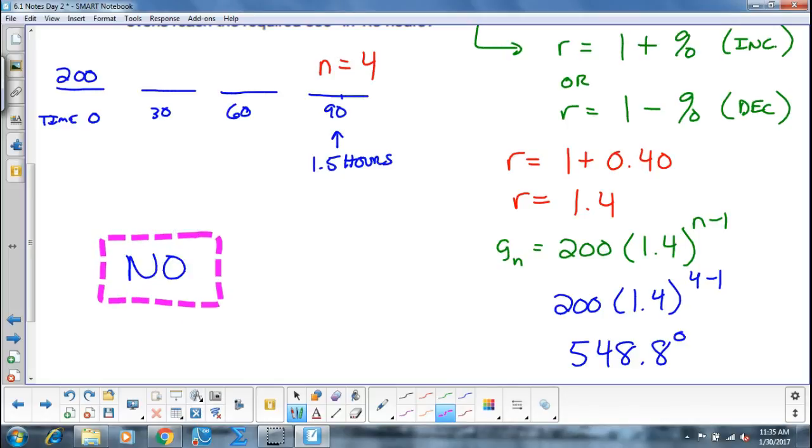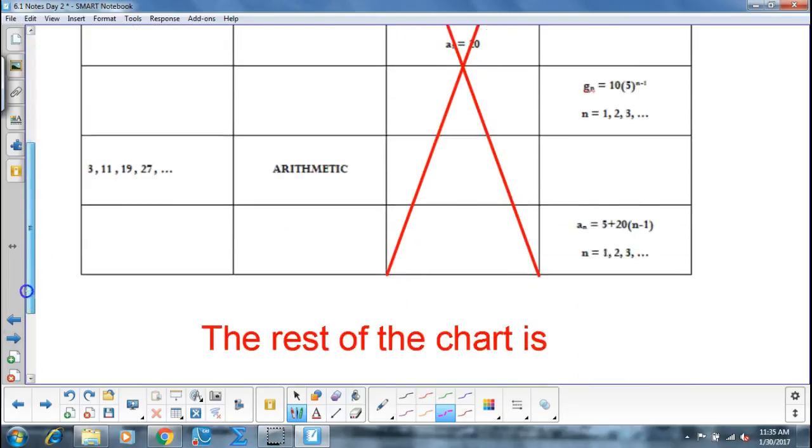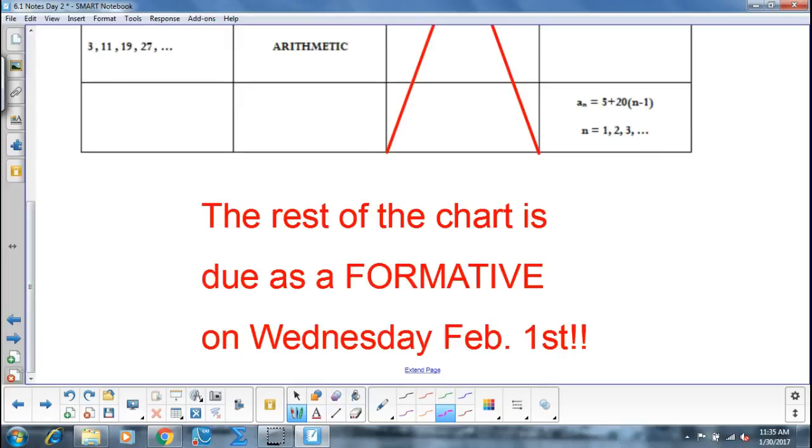Okay. Tonight and tomorrow night, on page 472 in your textbook, we are going to collect that page out of your textbook as a formative assessment. It will be due on Wednesday.